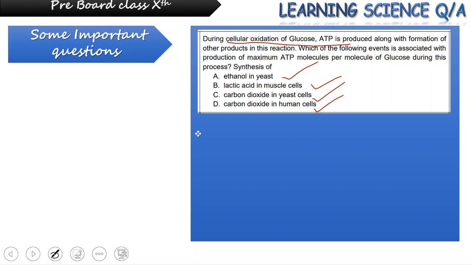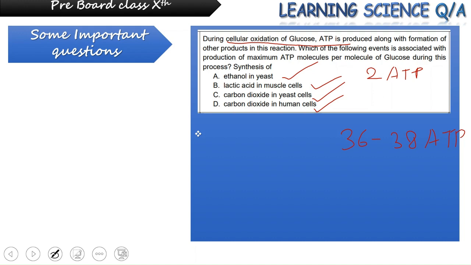Ethanol, when produced in yeast, is alcoholic fermentation, or you can say anaerobic fermentation, which is producing only and only 2 ATPs. We have a maximum limit for ATP, which is around 36 to 38 ATP per molecule of glucose.